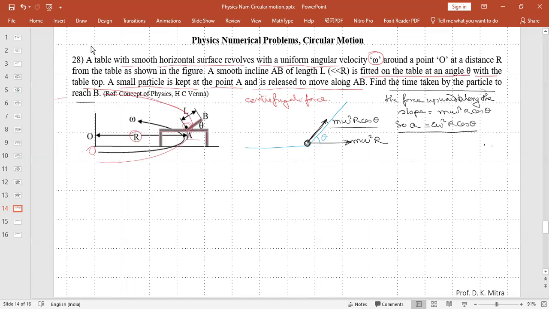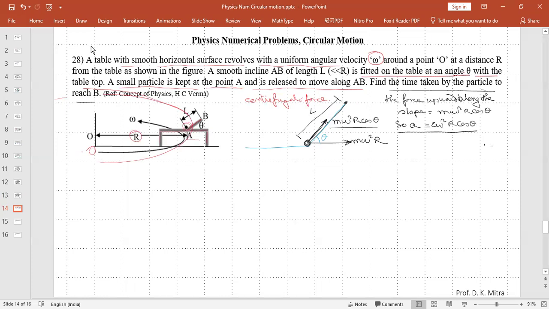Now, here, we shall use kinematics. From here to here, the length is given as L, the total length. The acceleration is omega square r cos theta.